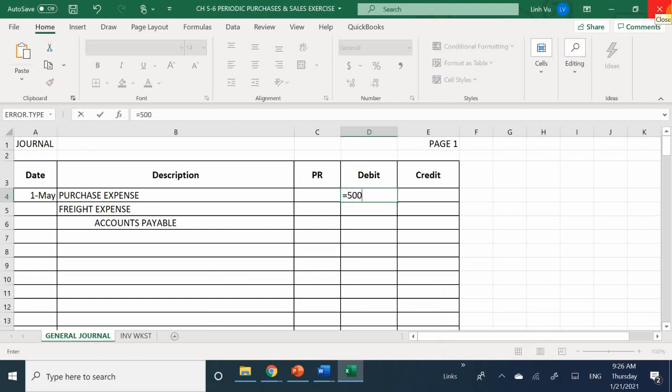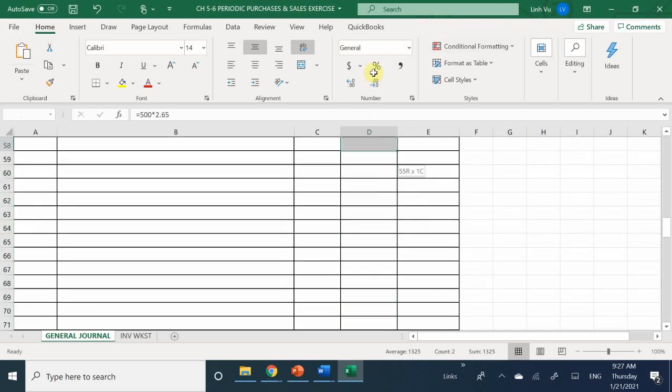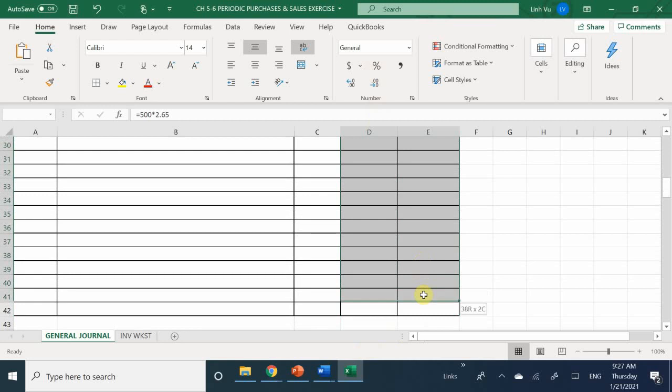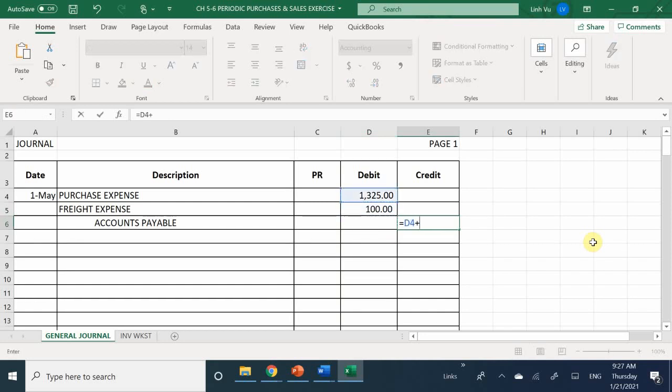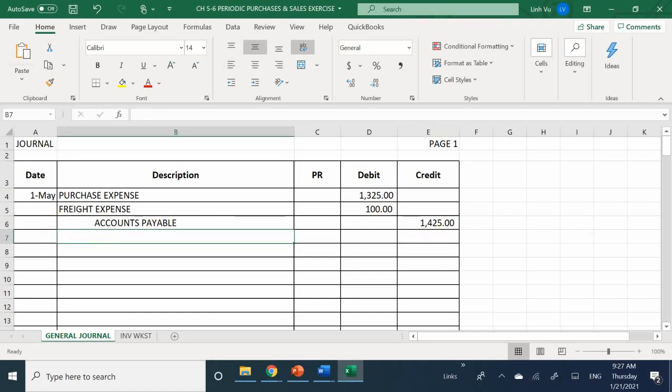So 500 times 265, I get 1,325. Excuse me. How much was my freight again? $100. So my total accounts payable that I owe is going to be $1,425.